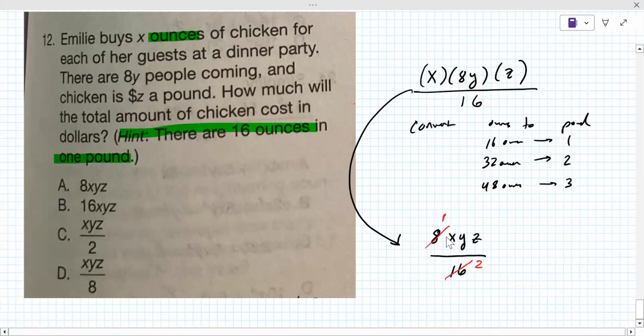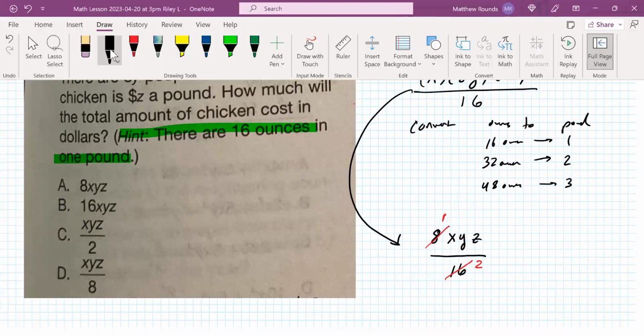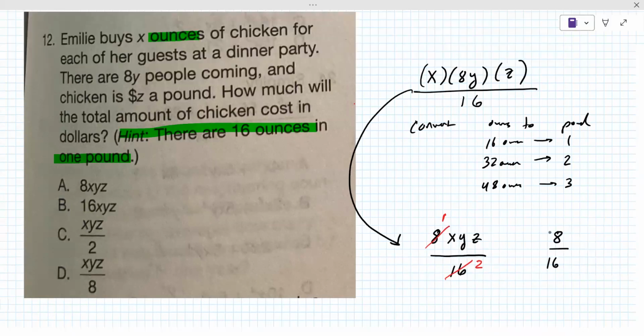If the same number goes into the top and the bottom, you can reduce it that way. So 8 over 16, if you divide both of them by 8, reduces to 1 over 2. So it would be C. It would be C, yes.